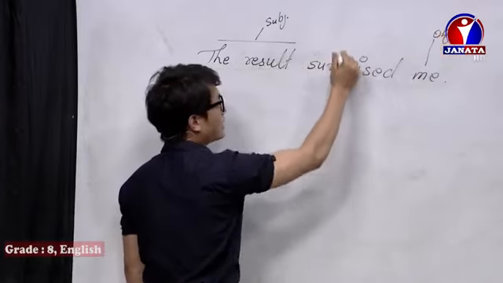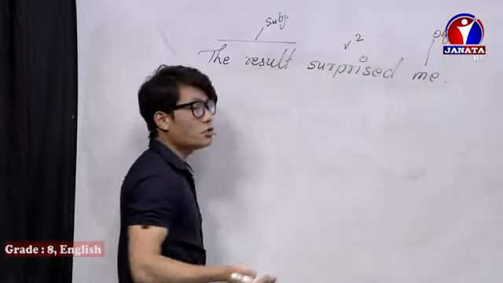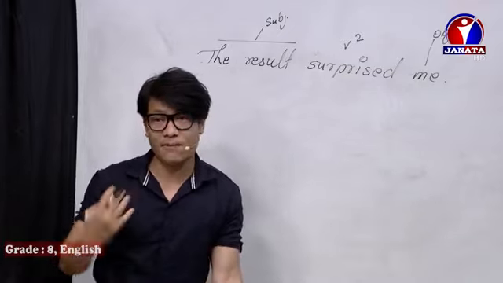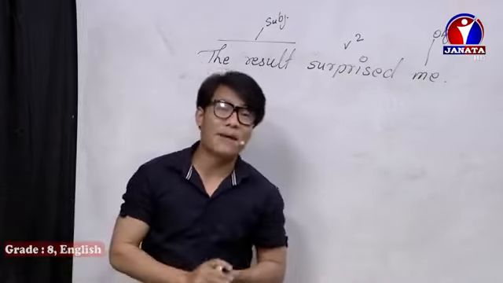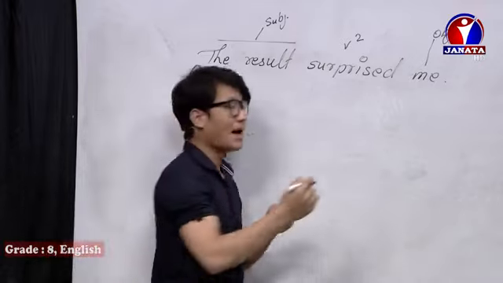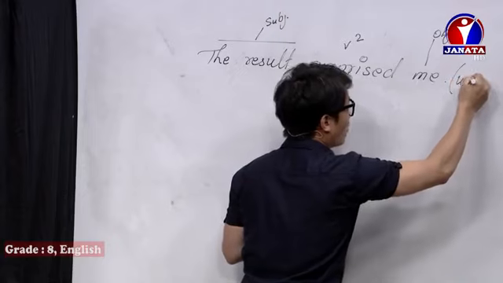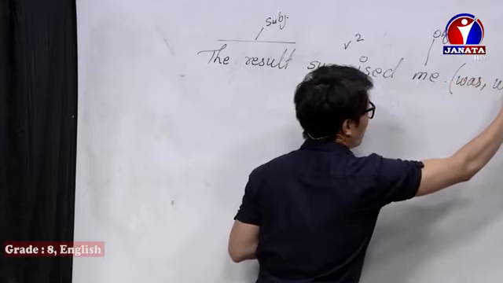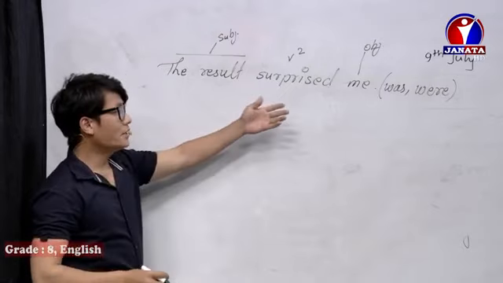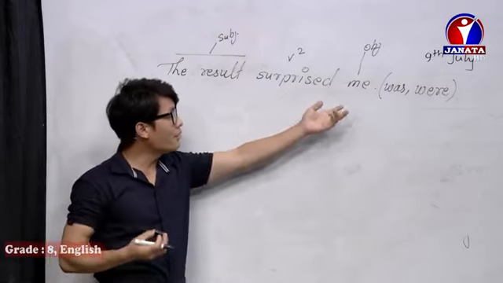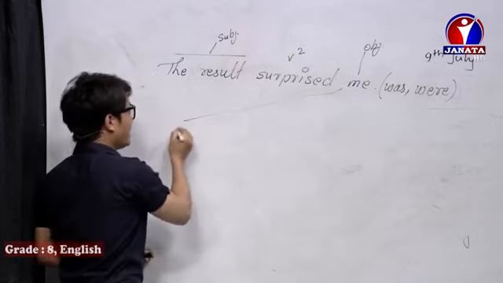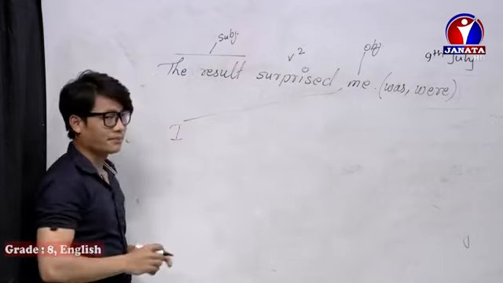And "surprised" is verb 2, which obviously you know is simple past. And what are the be verbs of simple past? There are two be verbs in simple past, and they are was and were. So we have found the object, me, and me should come first, and it stands as I.